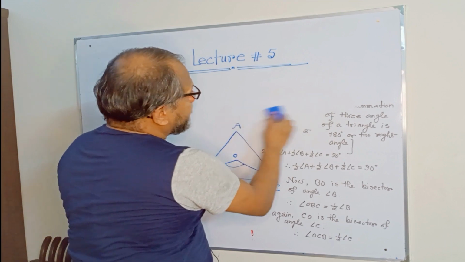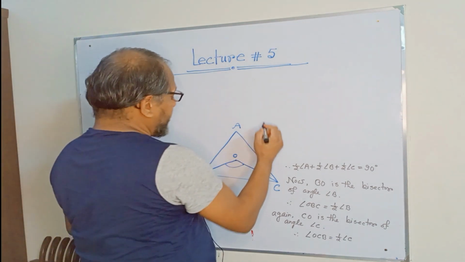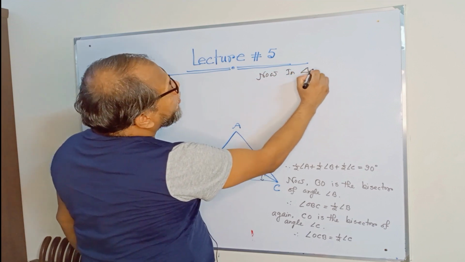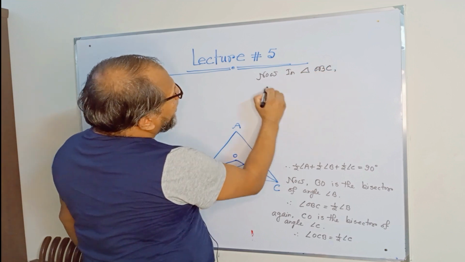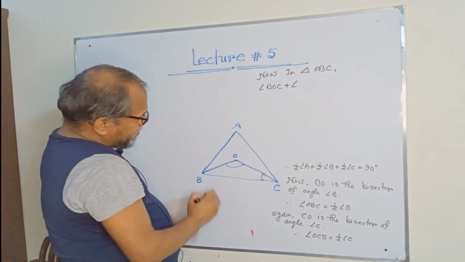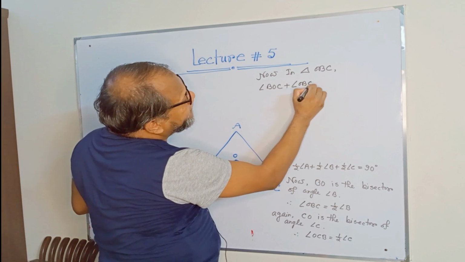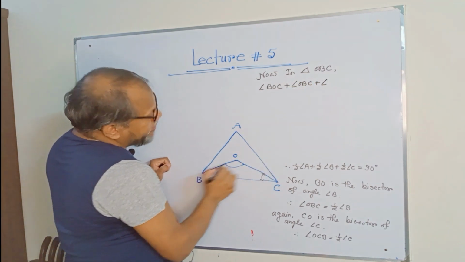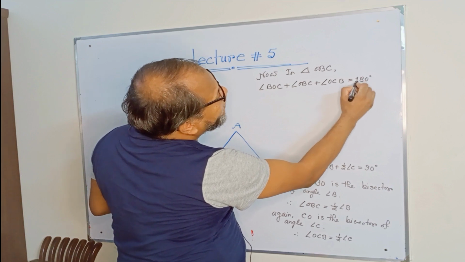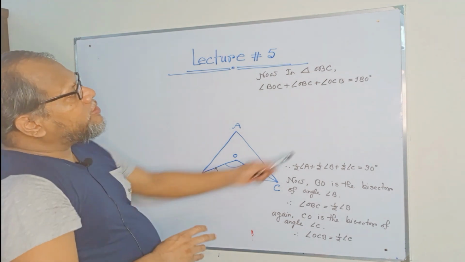Now in triangle OBC, angle BOC plus angle OBC plus angle OCB is equal to 180 degree, because earlier I have mentioned that the summation of three angles of a triangle is 180 degree.